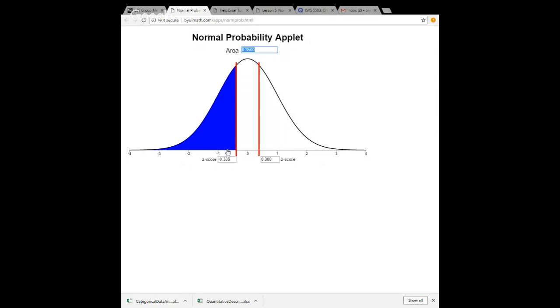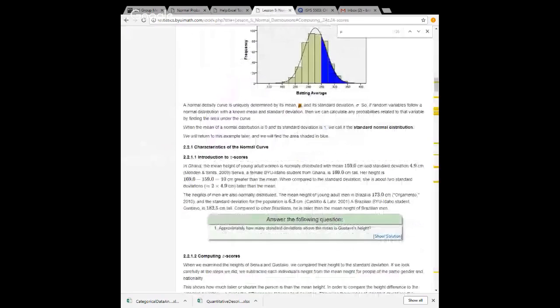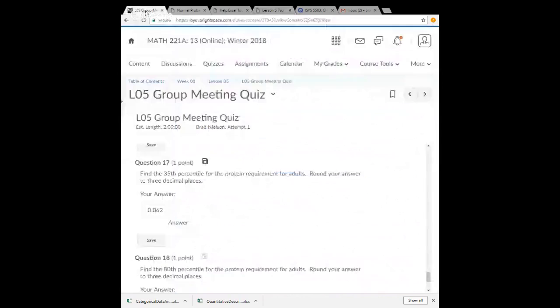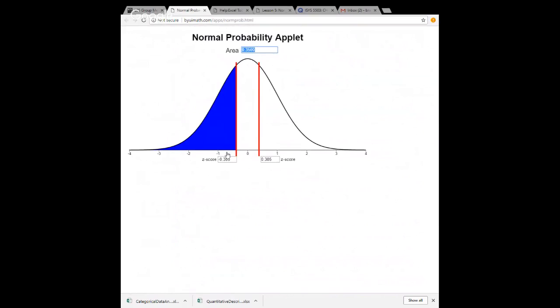So if we take that number as our z-score and go into this formula right here, where z equals x minus the mean over the standard deviation, then z is 0.385 equals x minus the mean, which is 0.65, all of that divided by 0.07.